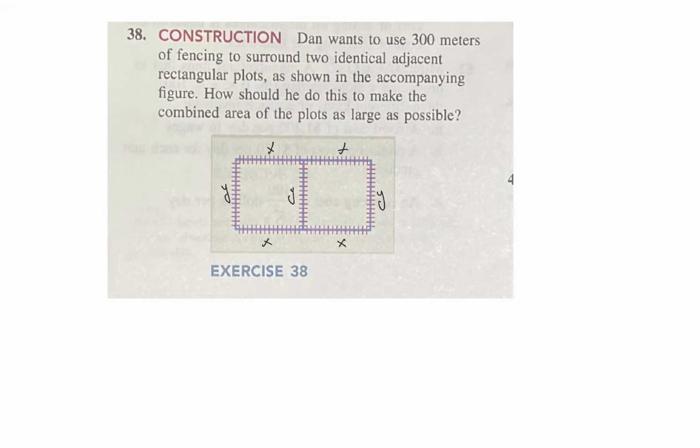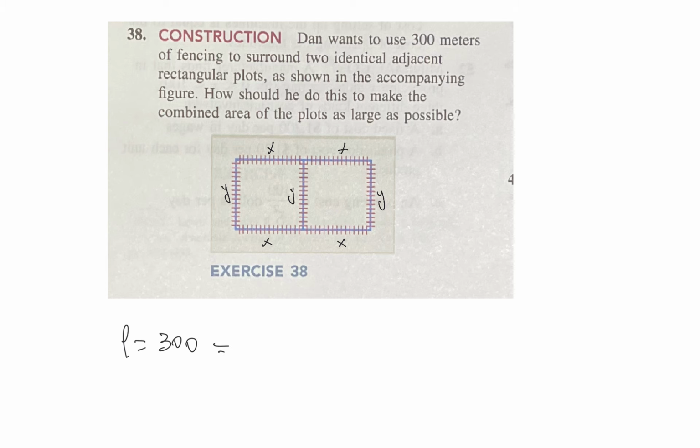Okay, let's do this problem. That is a problem of optimization. It says you want to construct a fence and you have to use 300 meters. So the length of the fence will be 300 meters.